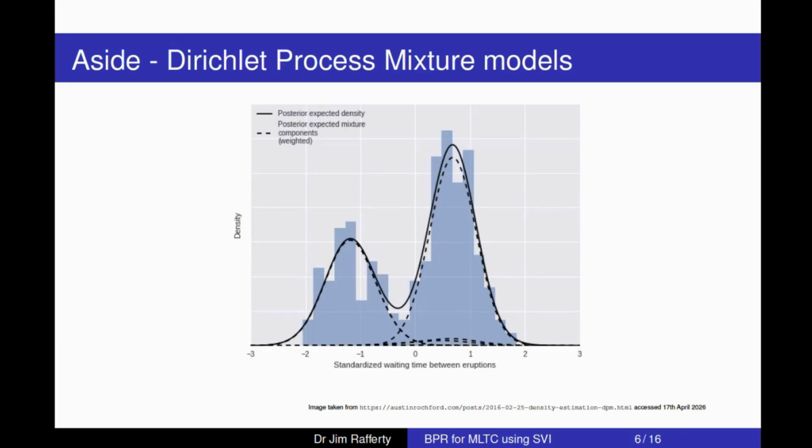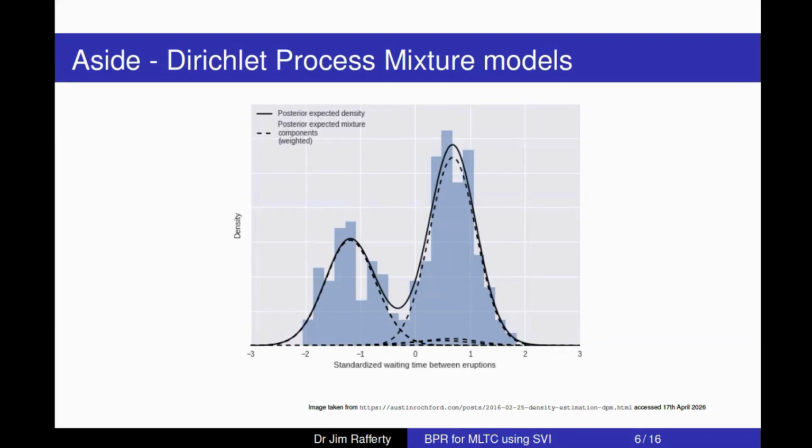This particular data set is times between the eruptions of a geyser in the Yellowstone National Park. The blue bars represent the data, and when you fit a distribution to that data, you end up with a solid black line, and that's the total density.